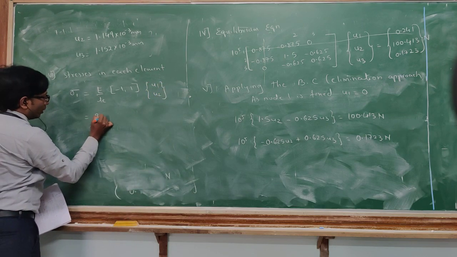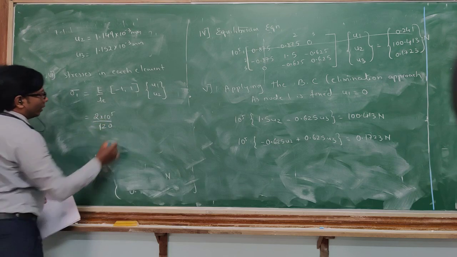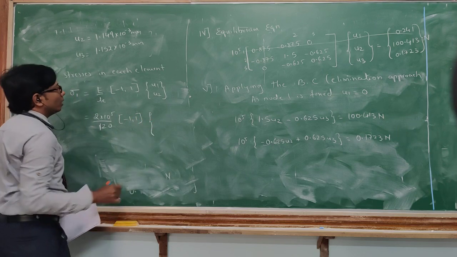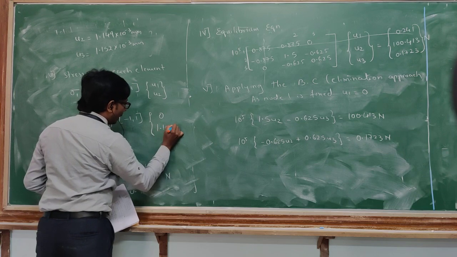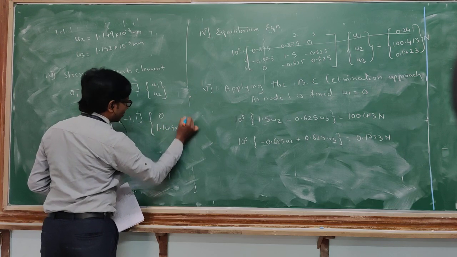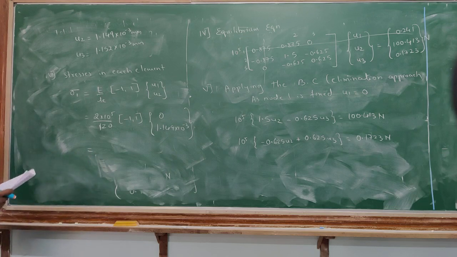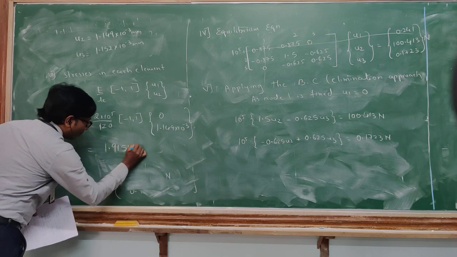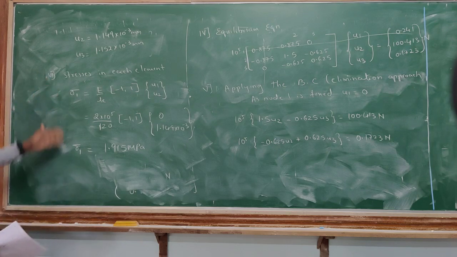So this is 2 into 10 to the power 5 divided by 120, into minus 1, 1, with u1 as 0 and u2 as 1.149 into 10 to the power minus 3. When you solve this, you will get 1.915 megapascal. So this is sigma 1, for the first element.